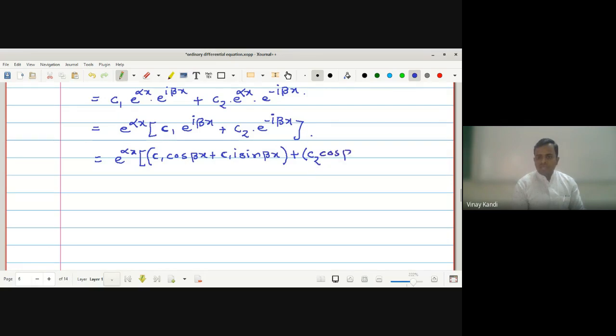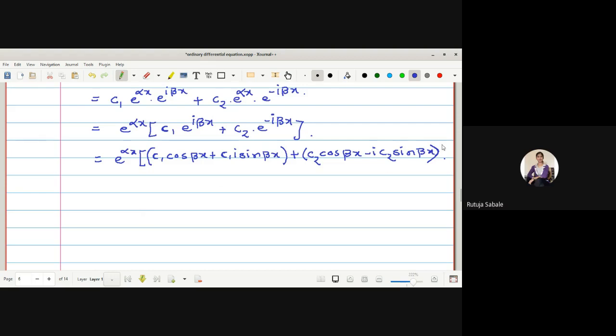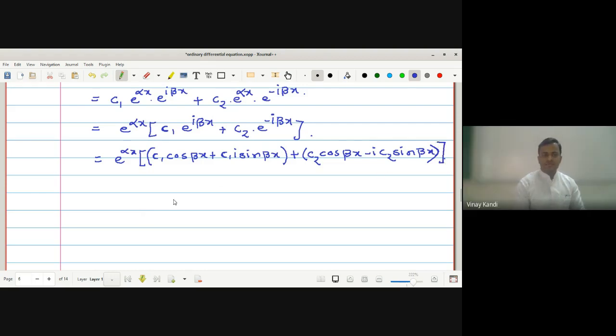Cos beta x minus i C2 sin beta x. Okay, understood up to here? Yes, sir. So this is the whole bracket, which is equal to e raised to alpha x in the bracket. Pay attention, C1 plus C2 into cos beta x.